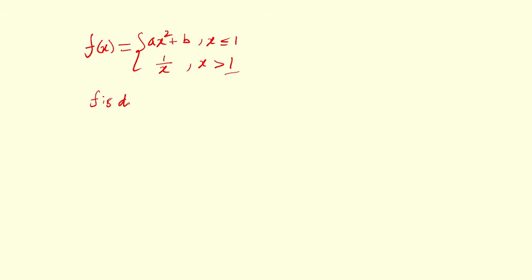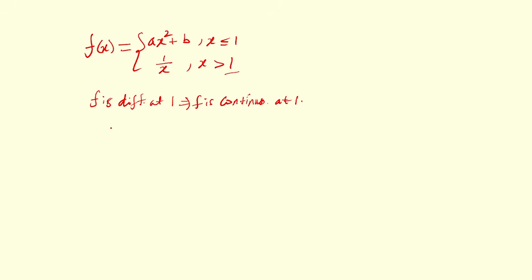Now let's see. f of x is given by this, and it is differentiable at 1. So f is differentiable at 1, which implies f is continuous at 1.